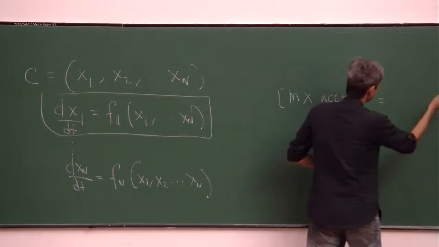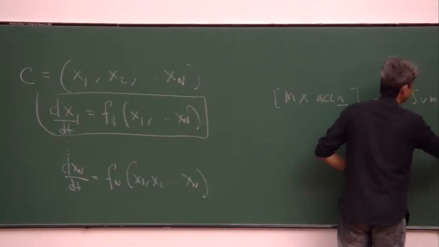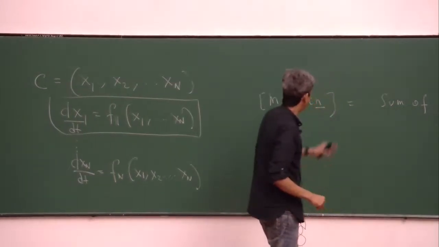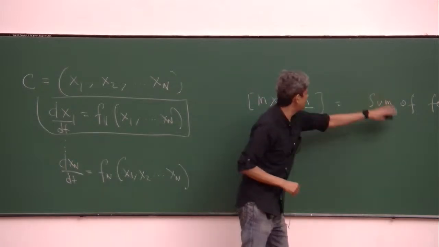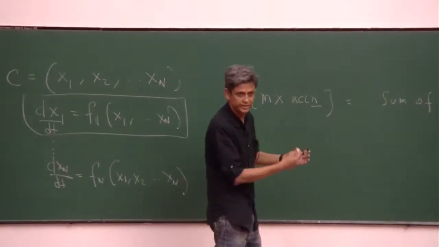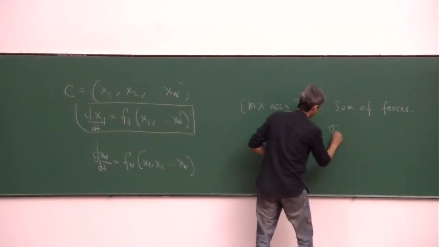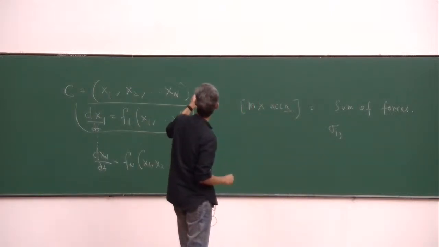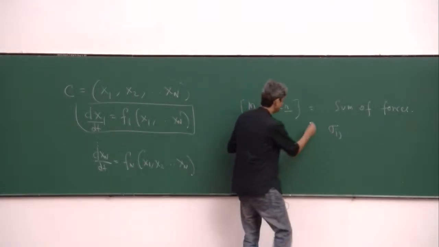And then here you write the sum of the forces. One force is derived from the stress field, which in the continuum limit you write as a rank 2 tensor. That is what has been written. And you derive the forces as a gradient of this tensor. Okay, and this is what it is.